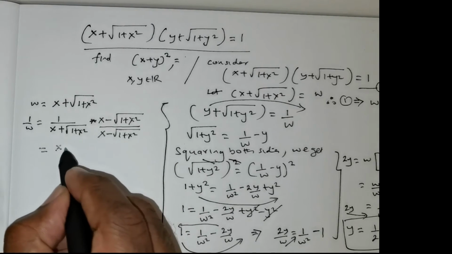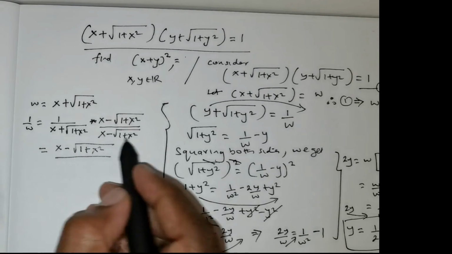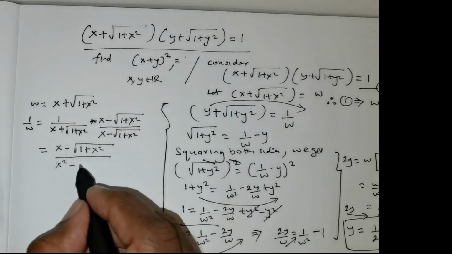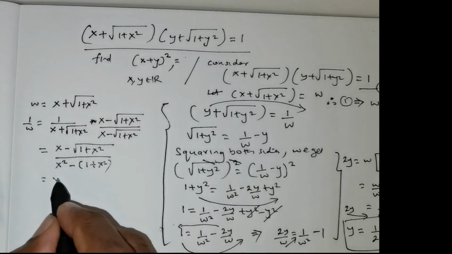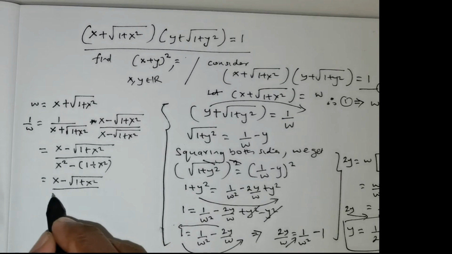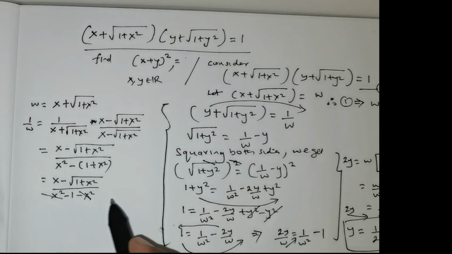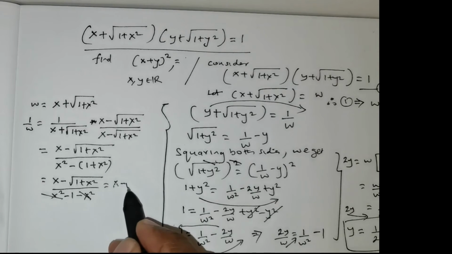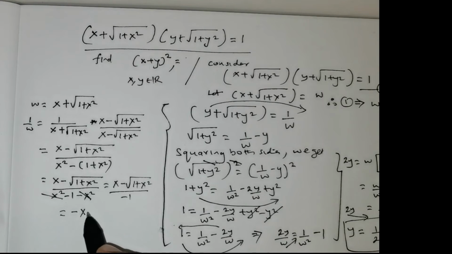This would give me (x − √(1 + x²)) divided by, in the denominator, x² − (1 + x²). I can rewrite this as (x − √(1 + x²)) divided by x² − 1 − x². The x² terms get cancelled, giving me (x − √(1 + x²)) divided by −1. I can rewrite this as −x + √(1 + x²).